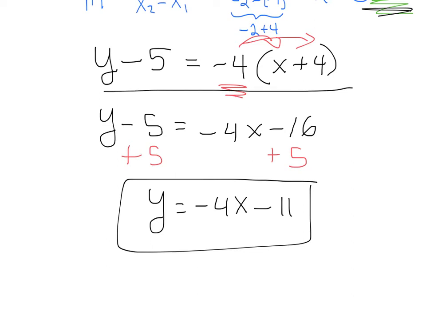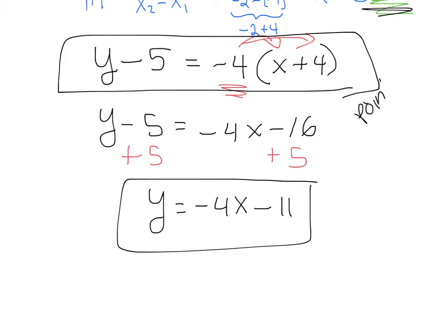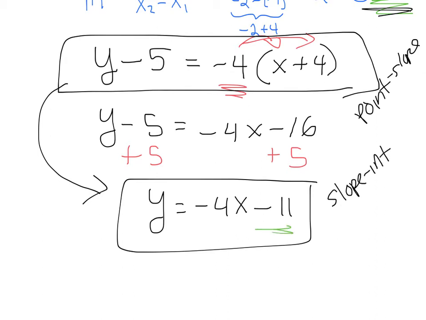So this form right here, the one where we just plugged everything in, that's your point-slope form, which is an equation. This is fine, but by rewriting it into a more familiar equation, which we know as slope-intercept form, we can easily graph it because we know the y-intercept and we know the slope, and that's it.